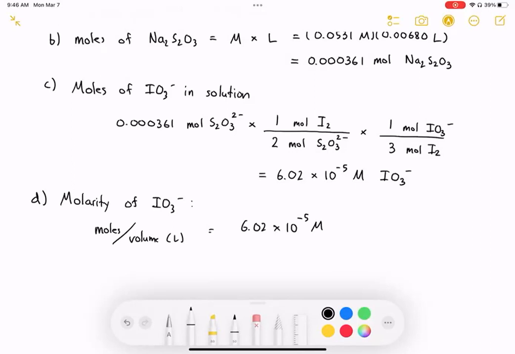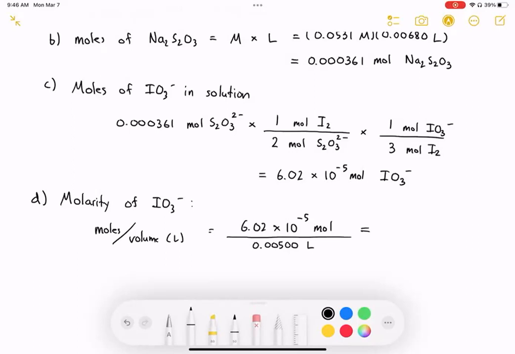Oh, sorry, it shouldn't be molar. It should be moles. My apologies. Moles here. And we know the volume is 5 mL, but that will equate to 0.00500 liters. So if we divide that, we should find our molarity now, which should also be quite small, I think.